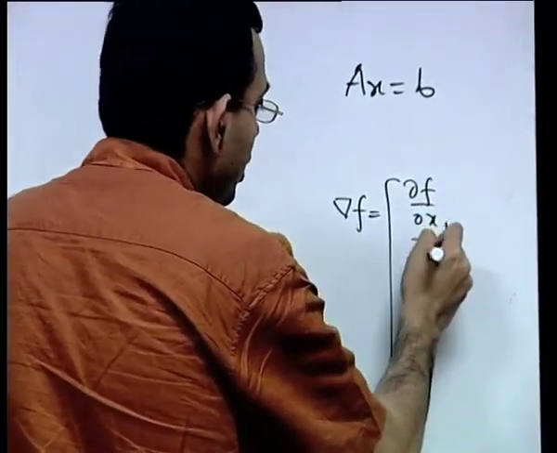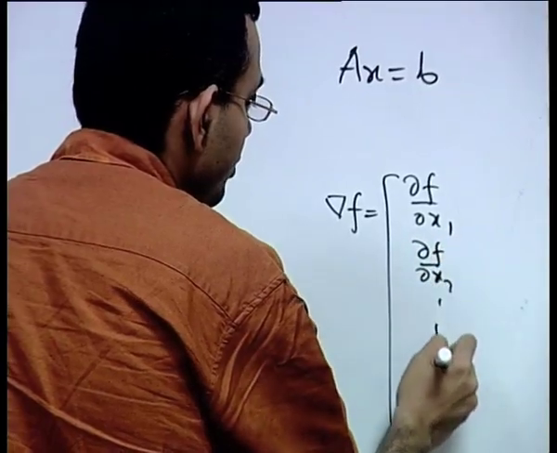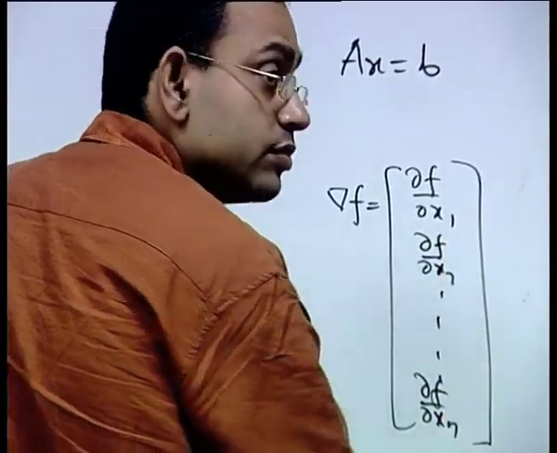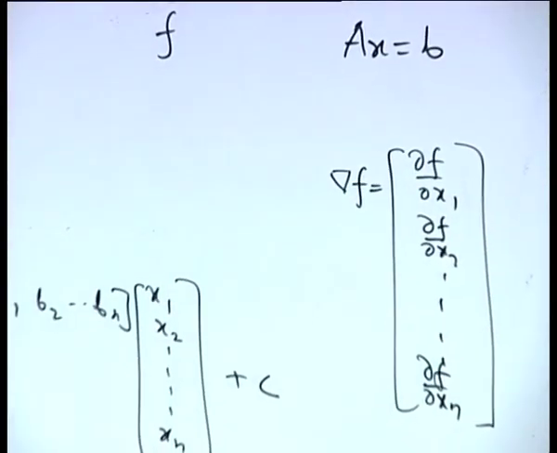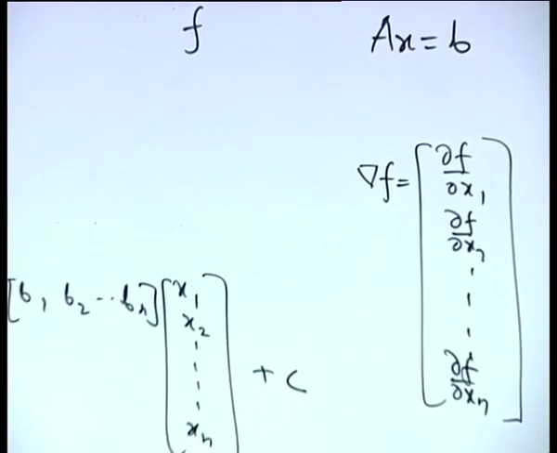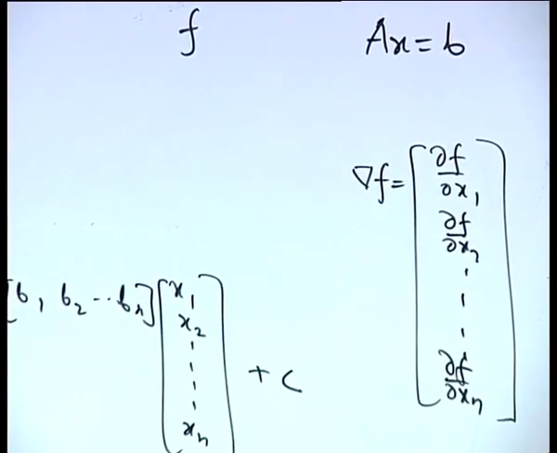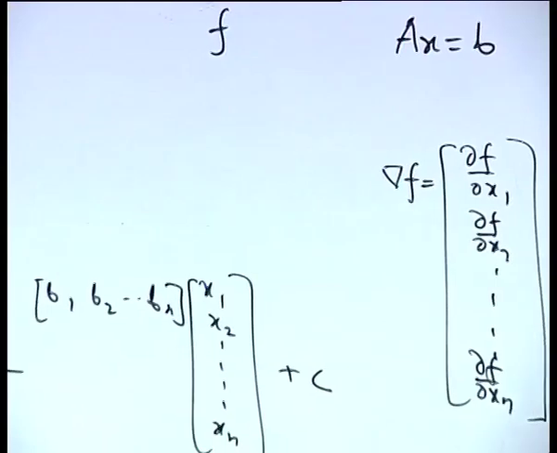It is del f del x1, del f del x2, in this way del f del xn. So let us find out first what is del f del x1.